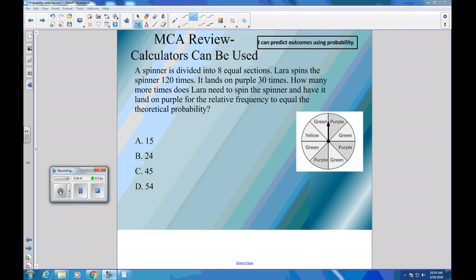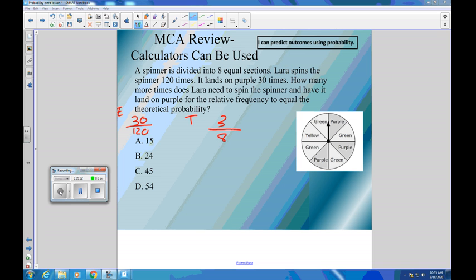So our experimental probability, she got it 30 out of 120 times. I'm going to put that E for experimental. Theoretical, if you look at our spinner, there's 8 total. And then, how many are purple? 3. So 3/8 is our theoretical probability.